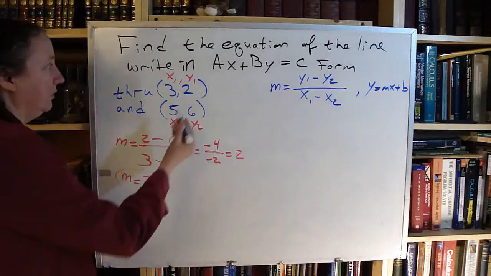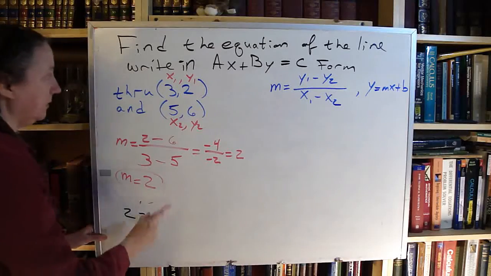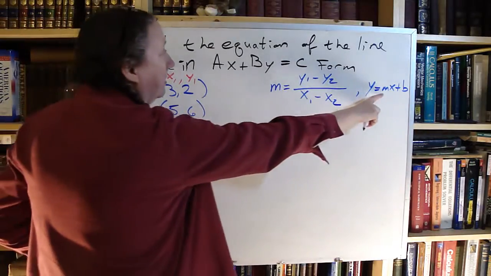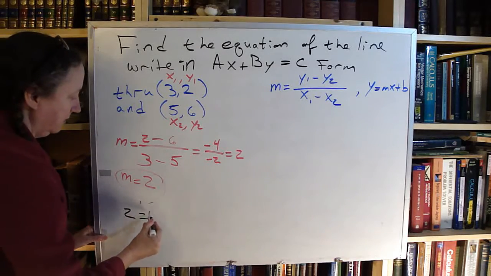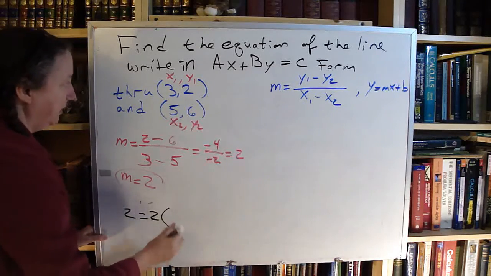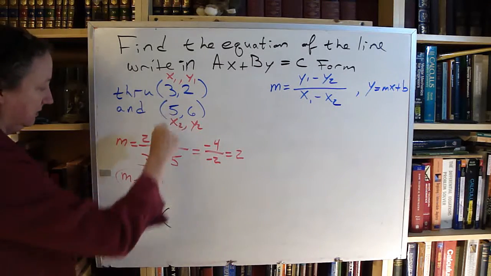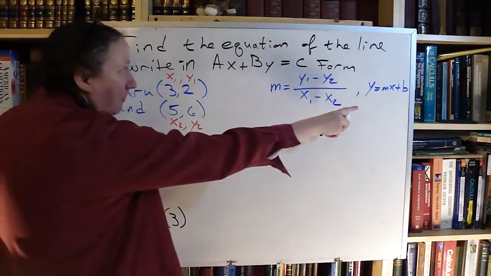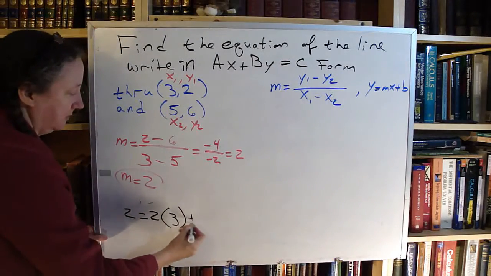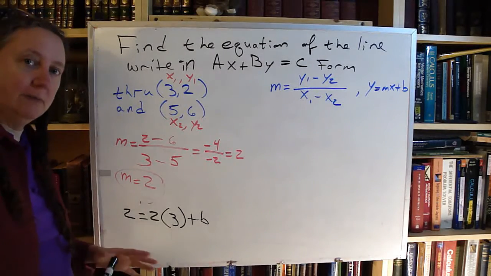So y, 2, equals m times x. So m is 2 times, I used the first point, so I have to use the 3 here, plus b. Before I actually start doing my work, I need to check.